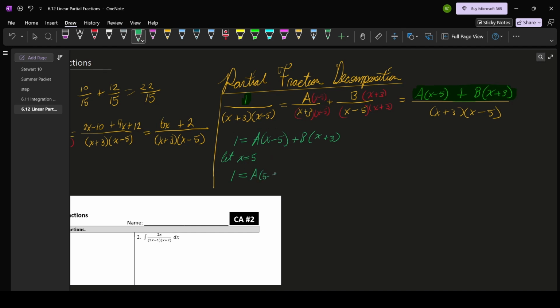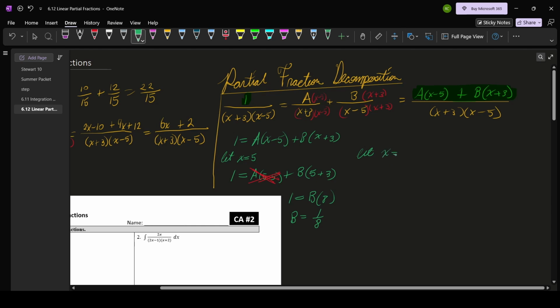So A times 5 minus 5 plus B times 5 plus 3. And like I said before, this is going to be 0, so this entire term cancels out. And we're just left with 1 equals B times 5 plus 3. And 5 plus 3 is 8. So this is 8B, B times 8. So therefore, B is 1/8. Doing the same thing on the other side.